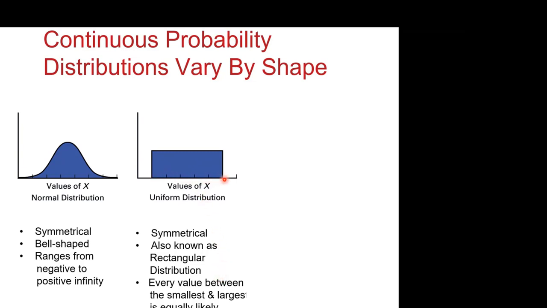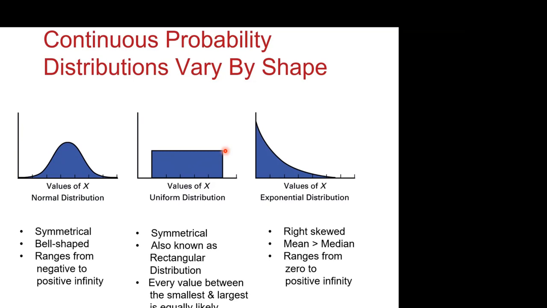So in general, the values of x under the uniform distribution have equal probability of occurring. The last one is the exponential distribution. This is a right skewed distribution in which the mean is larger than the median, and the values range from 0 to positive infinity.